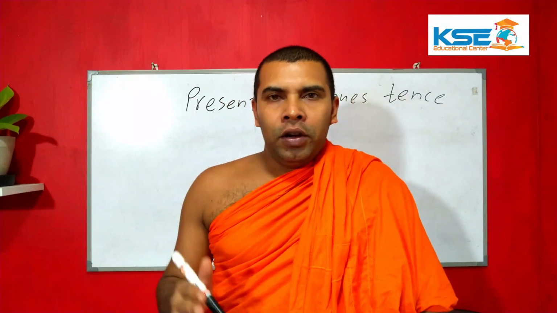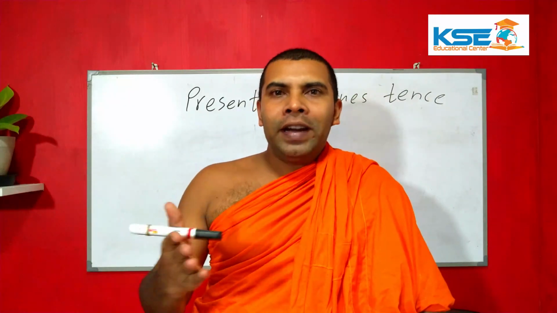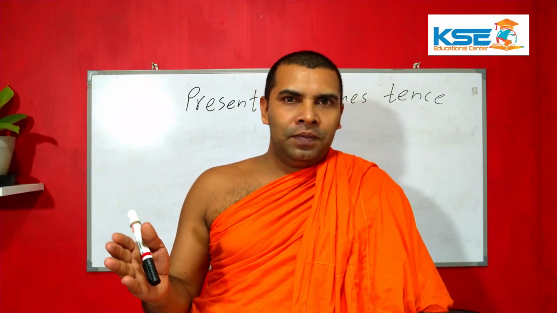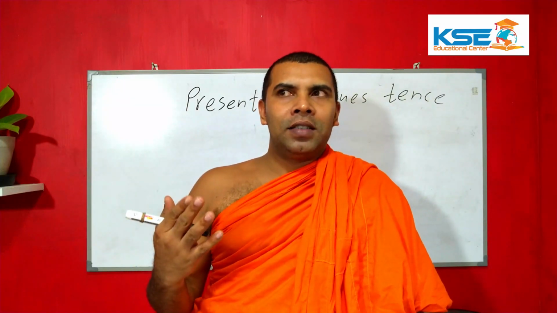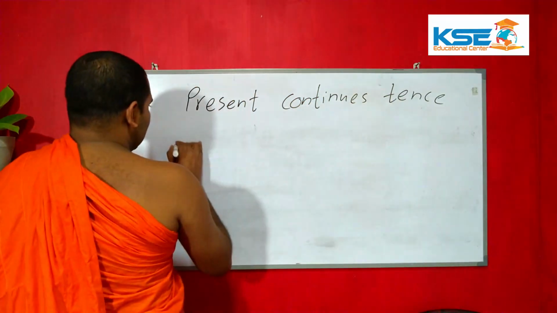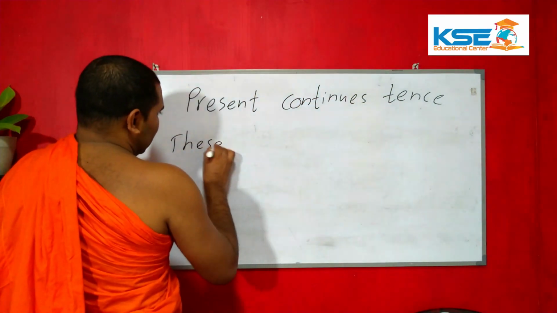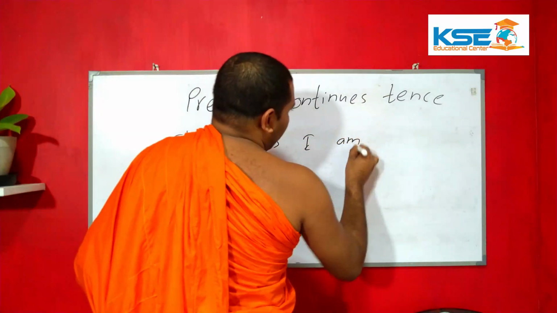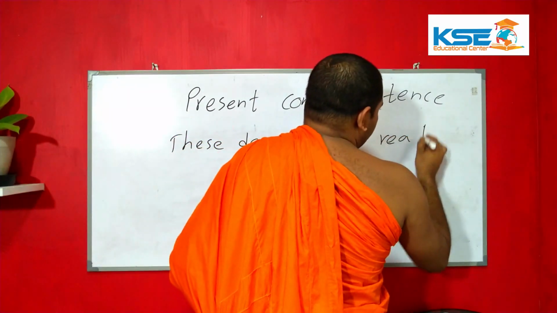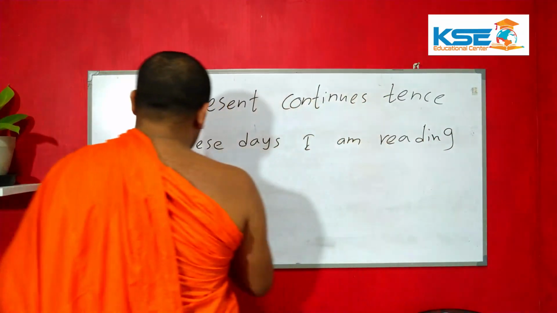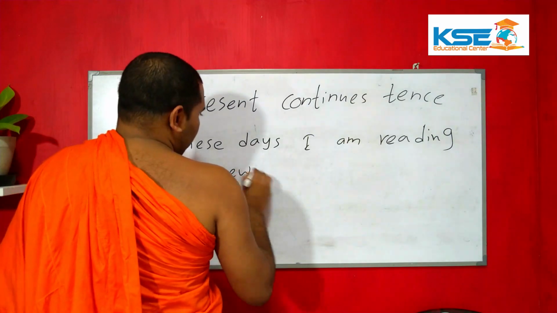Imagine you have started to read a book and you have not finished it. Somebody calls you and asks what you are doing, so you say: these days I'm reading. This is the continuous tense. These days I'm reading a new book.